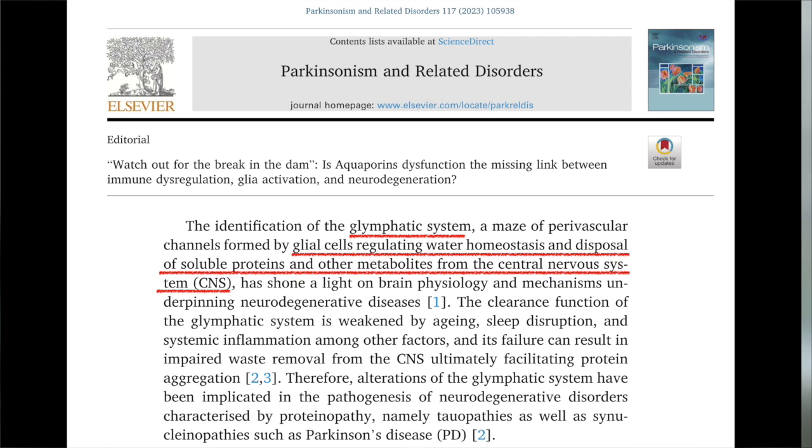Within the pathogenesis of these diseases, it is important to state that the glymphatic system is associated with a water channel, aquaporin 4, that is normally expressed on perivascular astrocytic end-feet.